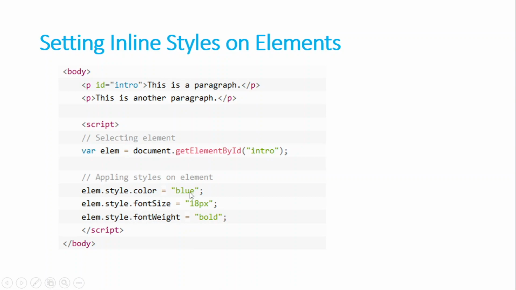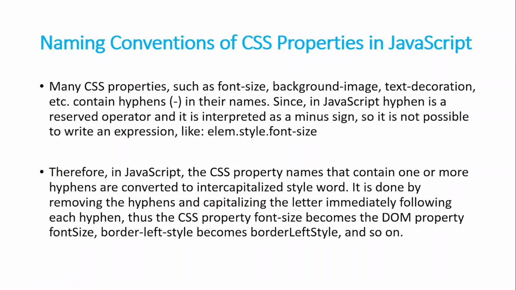Now we can set any value here, which should represent the color in this case, and the font size in this case. Similarly, the font weight value you can specify by putting an equal sign here. Many CSS properties such as font-size, background-image, text-decoration contain hyphens in their names.